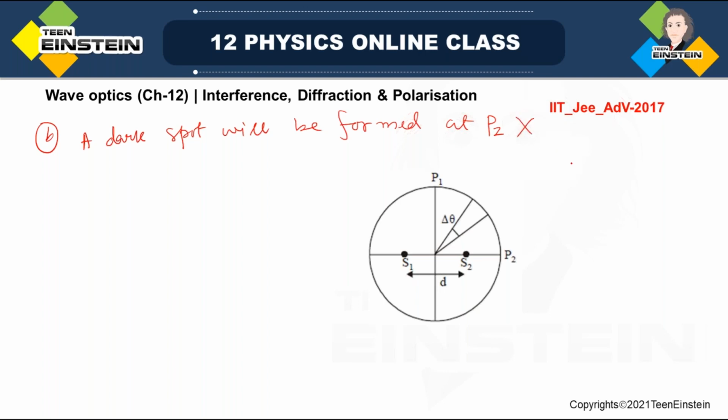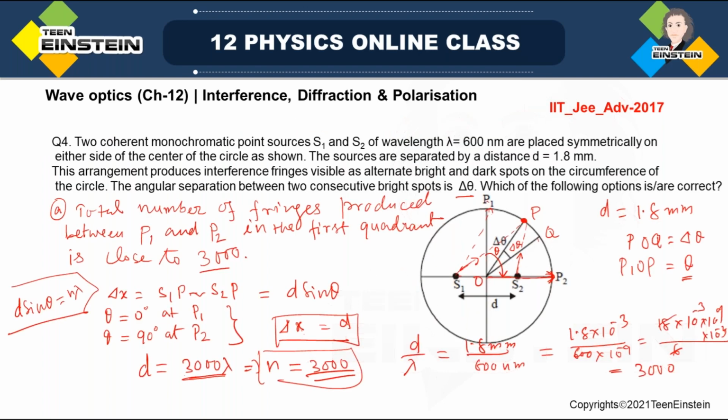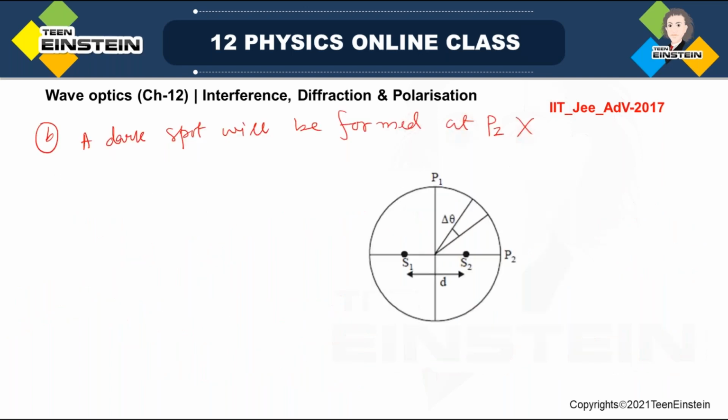This is wrong because we have already considered that the path difference is n lambda here, which is the condition for the bright fringe. So a dark spot will not occur over here.